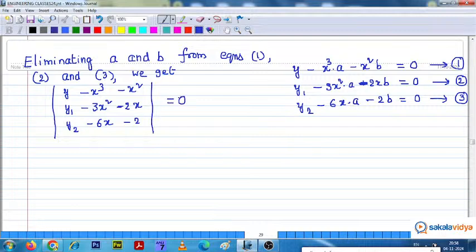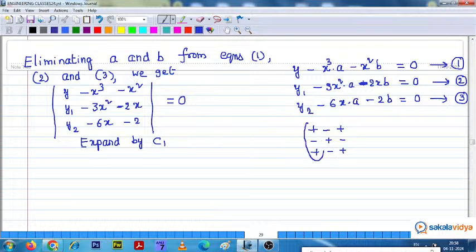Just find the value of the determinant so that we get the differential equation. So expand by column number 1. Expanding by column 1, you need to remember the sign pattern: plus minus plus, minus plus minus, plus minus plus.